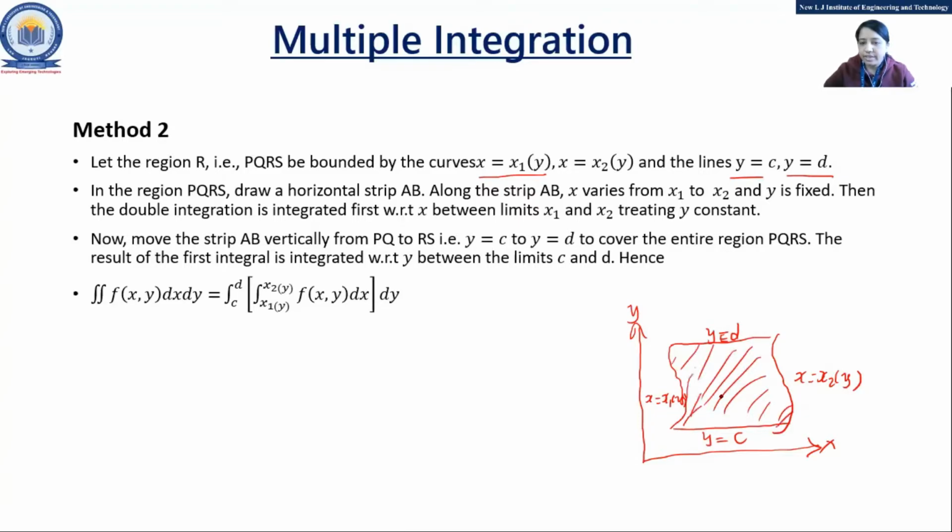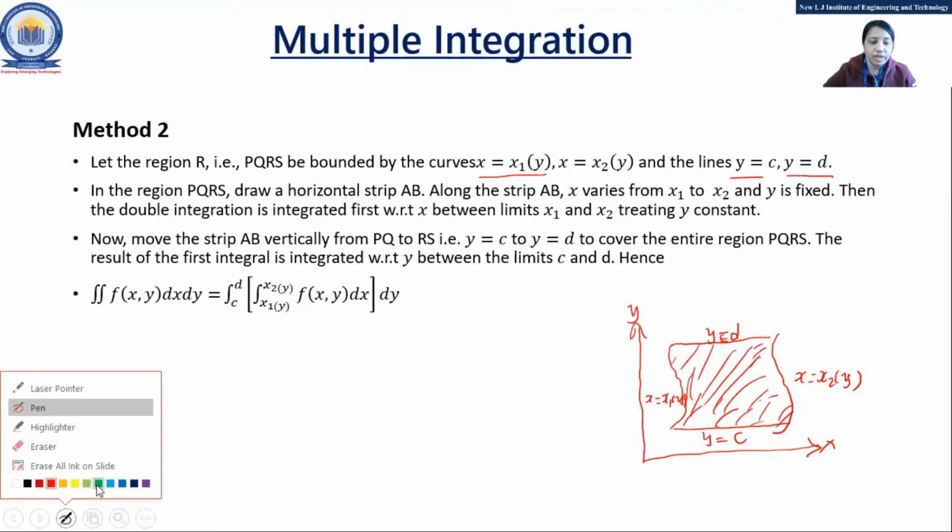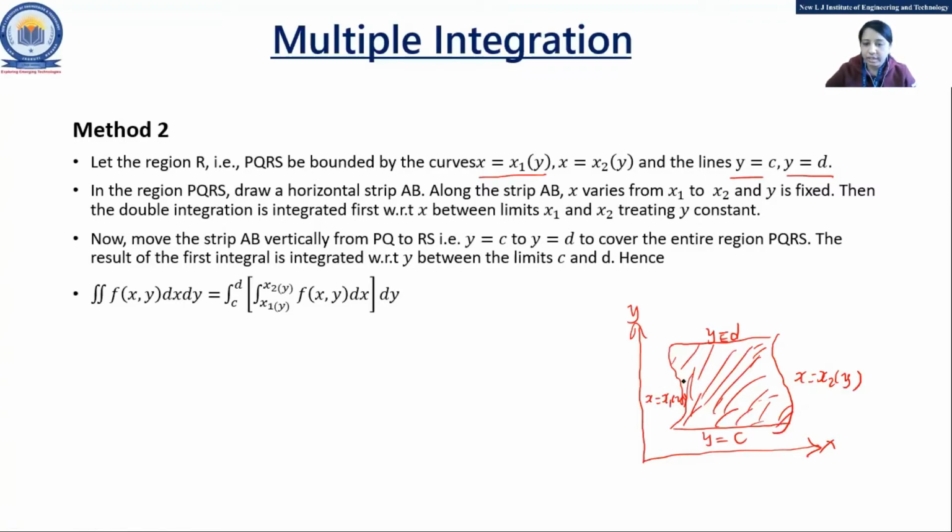Now the second method is what? Draw the horizontal strip AB. In the previous one we drew what? The vertical strip. Now we have to draw the horizontal strip AB. So this is my strip, right? A point is here and here it's the B point.